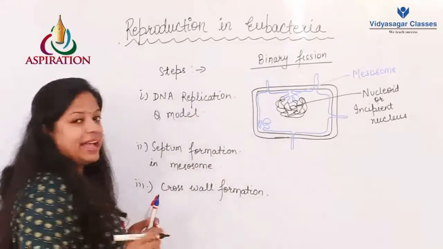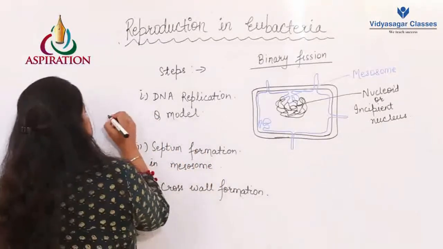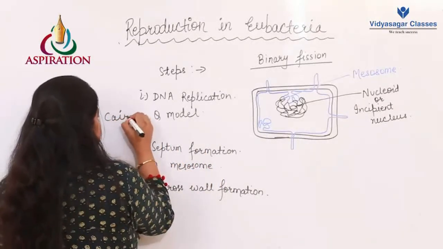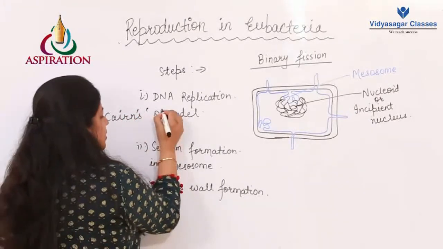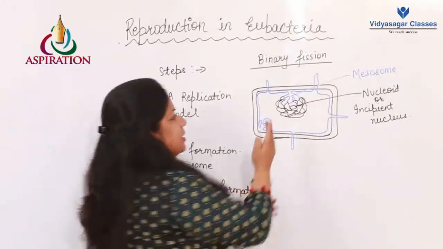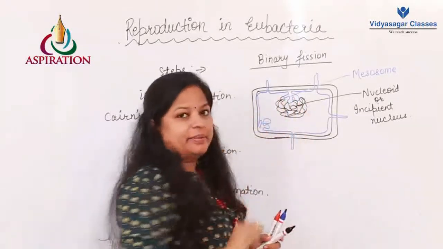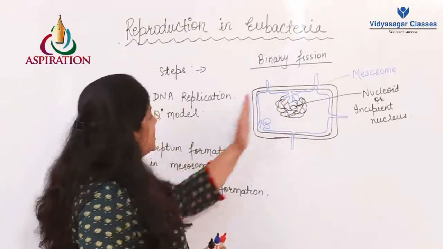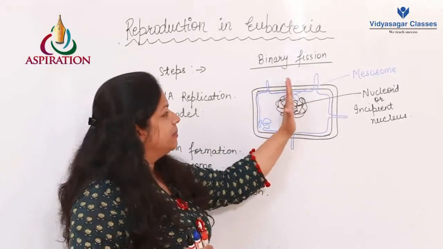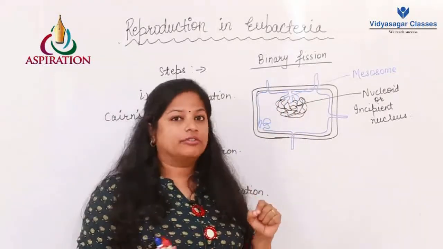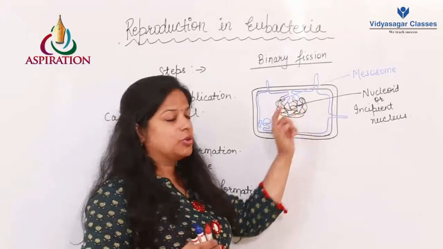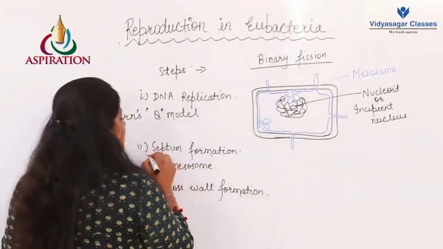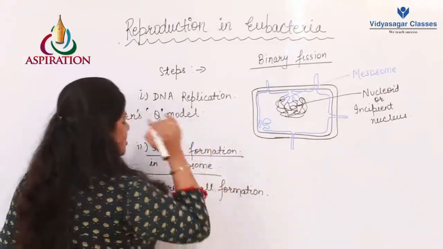It was given by Cairns, so it is known as Cairns theta model. The DNA material gets replicated, then a septum appears in the mesosome at the point of attachment of DNA with the mesosome.